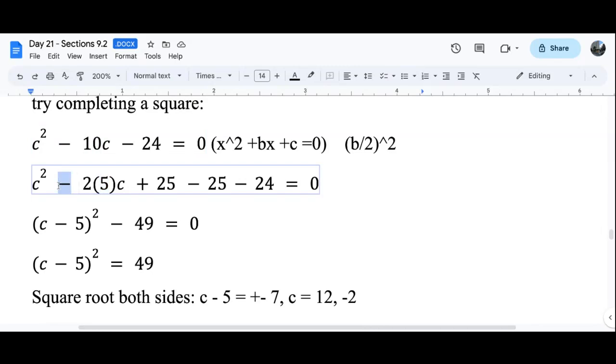So you could write add negative 5, that is minus 2 times 5, because this is negative 10. Then what's negative 5 squared? That's 25. If you add a number, you have to subtract the same number to offset, otherwise you change the expression. Does it make sense?